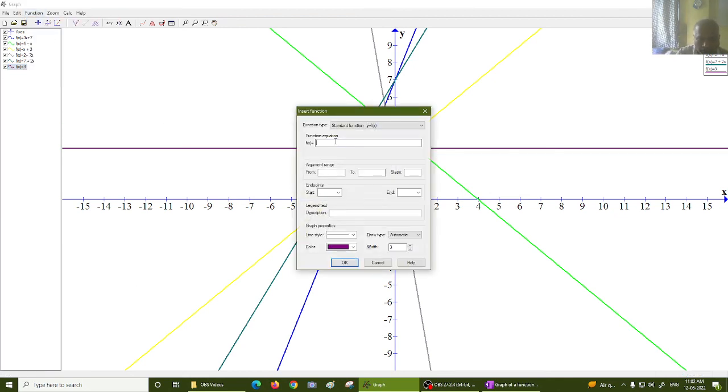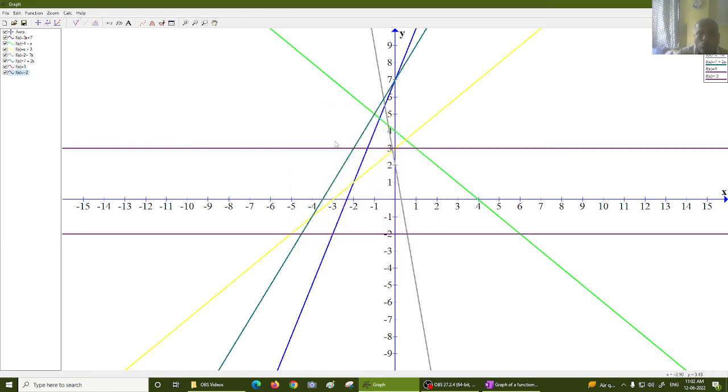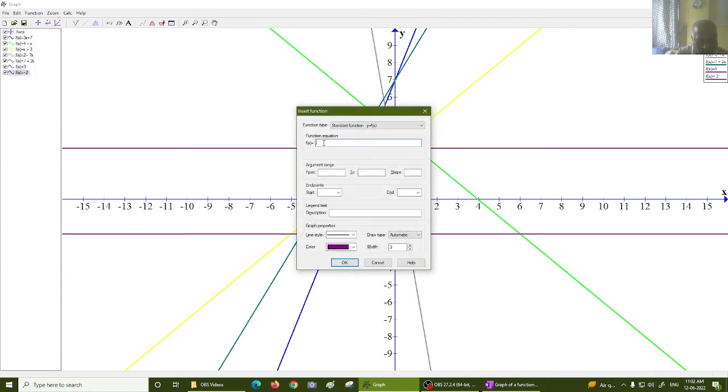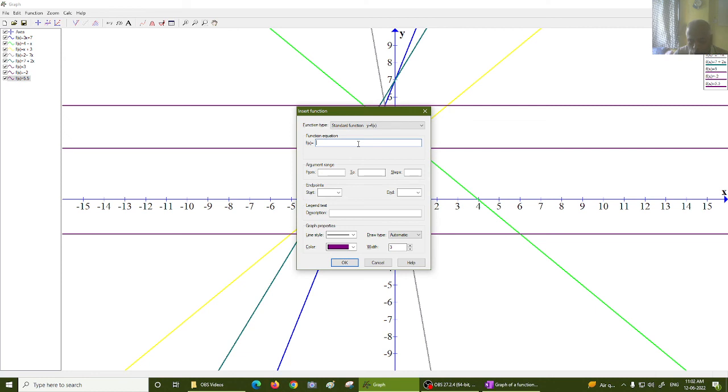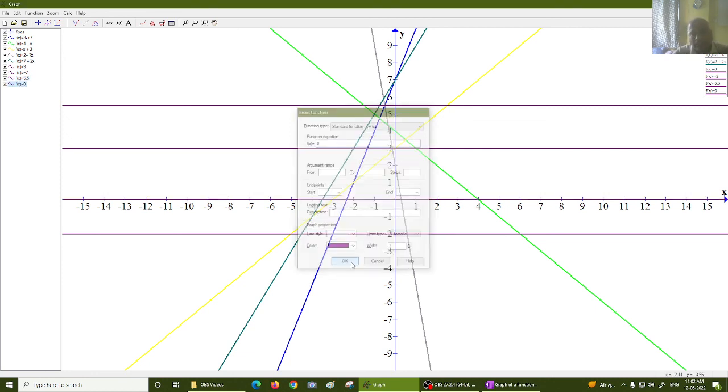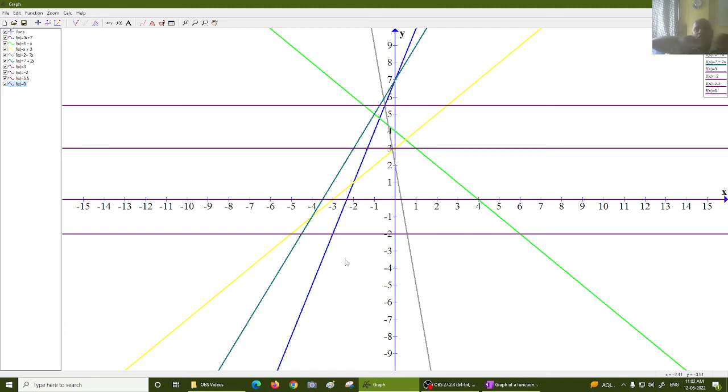Suppose you talk about f(x) = -2, again you are getting a straight line like this. You may talk about f(x) = 5.5, and you can see where you are getting a line. Finally, if you talk about f(x) = 0, you are going to get a straight line along the x-axis. You can see that along the x-axis you are getting that maroon colored line.